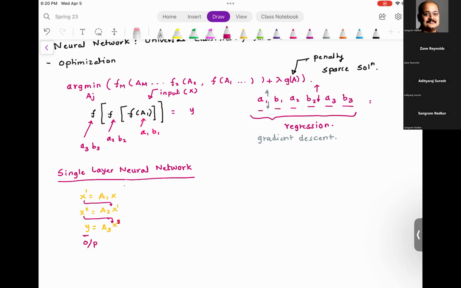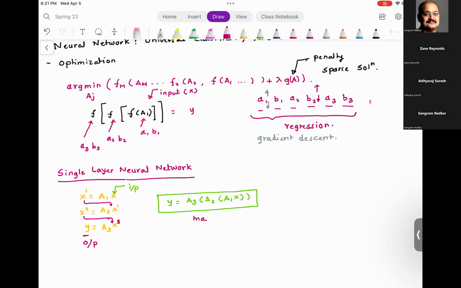So this is the output, and what you have here is the input. This would look like y is equal to a3, a2, a1, and x. This is the structure of the simplest possible mapping between the input and the output.